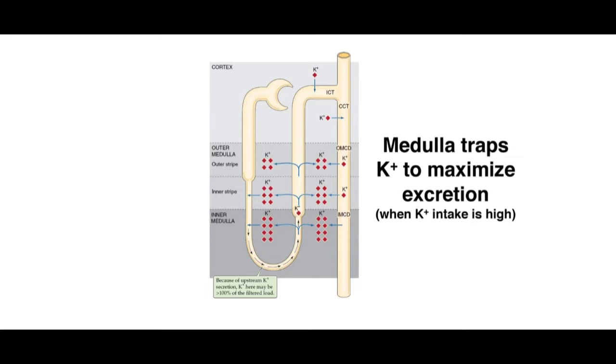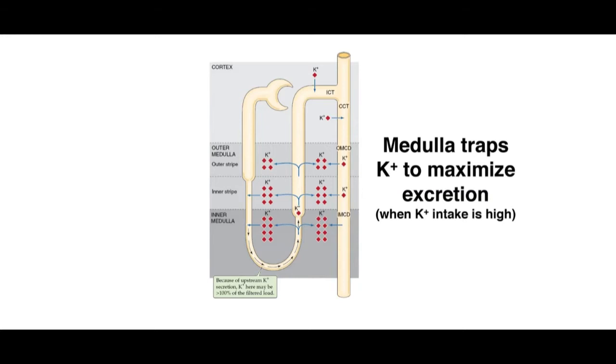What is the manner in which you have potassium being reabsorbed in the thick ascending limb? The sodium, potassium, 2-chloride cotransporter. Okay, so that is one of the main ways that you get potassium being reabsorbed in that thick ascending limb.